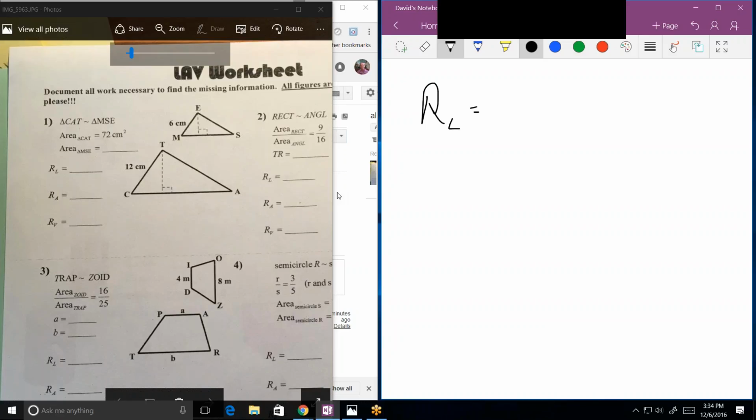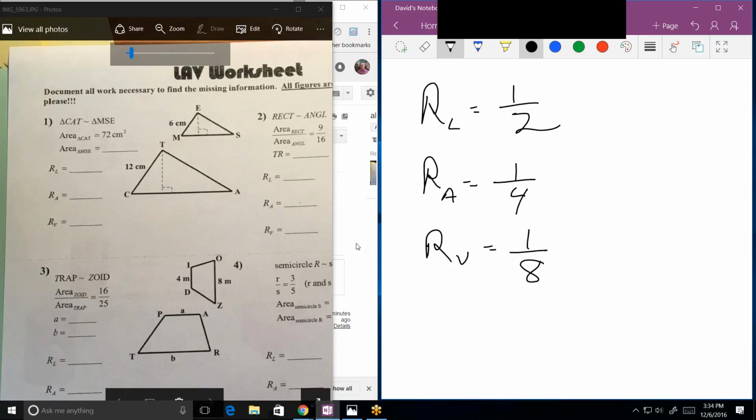It's not in square centimeters like area is going to be. So 6 to 12? 1 to 2. Okay. What's that make the area ratio equal to? It would be 1 to 4. Okay. And as long as we're here, let's do the volume ratio. 1 to 8. Okay.